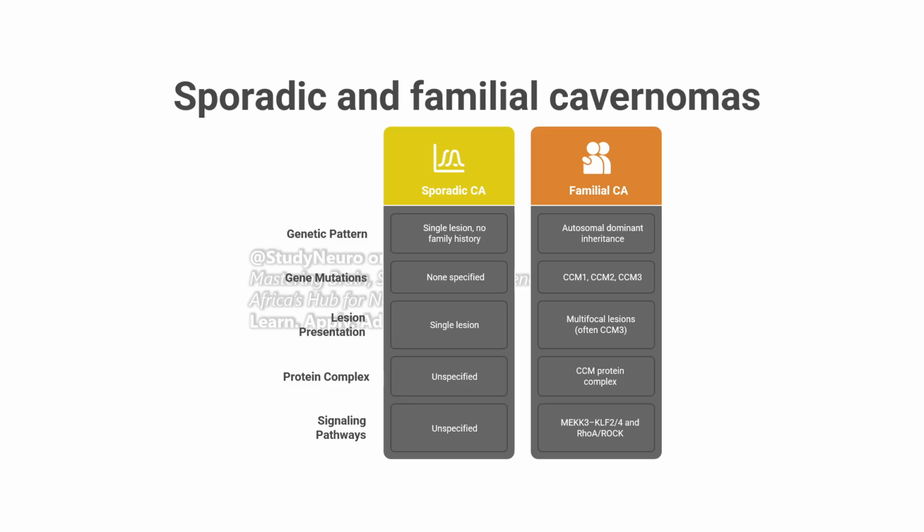These genes encode the cerebral cavernous malformation protein complex, which regulates endothelial cell adhesions, interactions, and proliferation through signaling pathways such as the mitogen-activated protein kinase 3, Kruppel-like factor 2/4 pathway, and the Ras homolog family member A, Rho-associated coiled-coil containing protein kinase pathway.